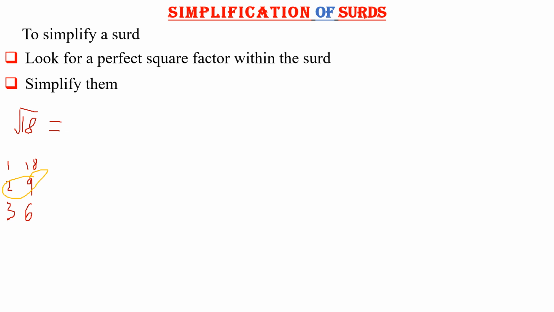So therefore, we pick these 2 and 9 and then we multiply them. So we are going to have 2 times 9.